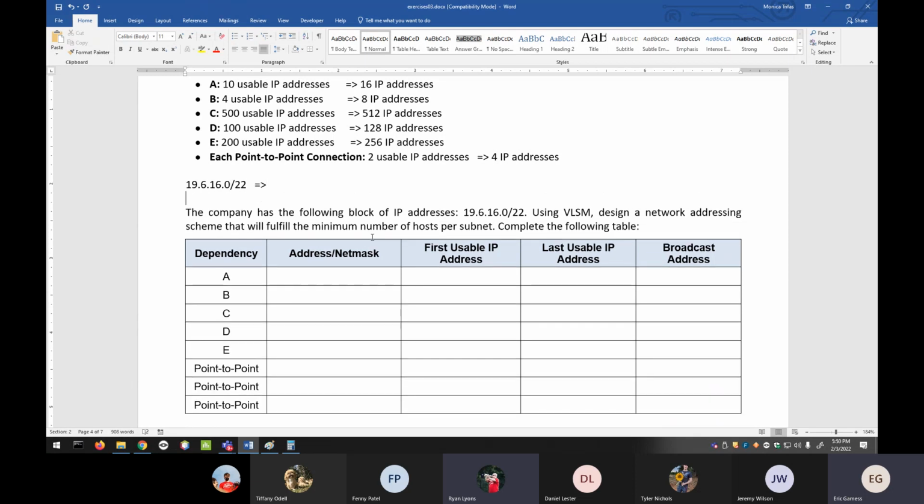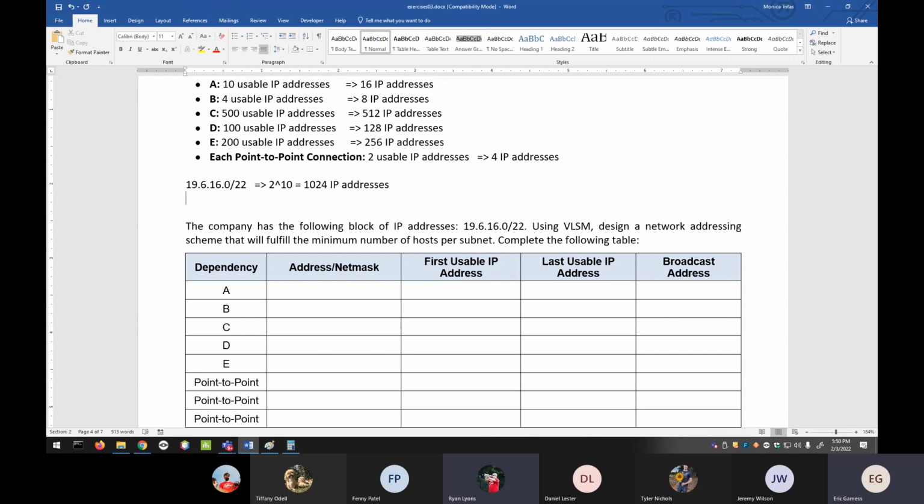How many IP addresses are there in total? 2 to the power of 10, which is 32 minus 22. 2 to the power of 10 is 1024 IP addresses I have in my original network.